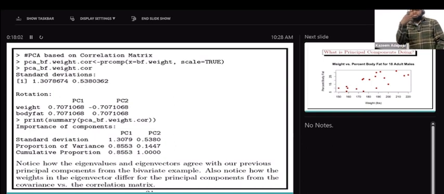So this is going to be preferred in most situations, particularly situations where the units of your explanatory variables are not the same, or they are not measured on the same scale. So I would prefer that we go with the correlation matrix when we want to construct the PCA.